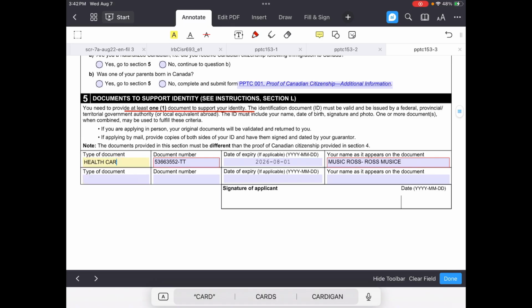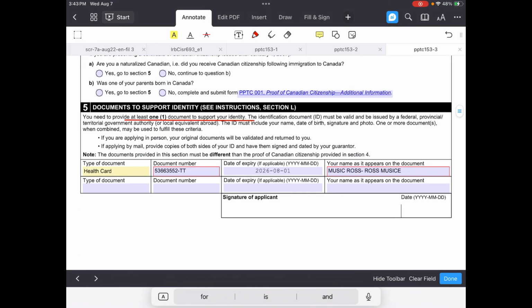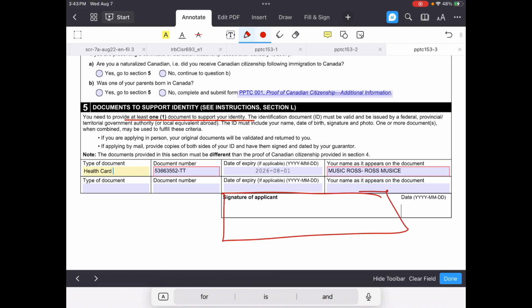If you're saying that no, I want to use my driver license, you're just going to say driver license here, and then you must make sure that you have your driver license with you along with this application when you're applying for your passport. Then you have to sign it, then you have to date it.